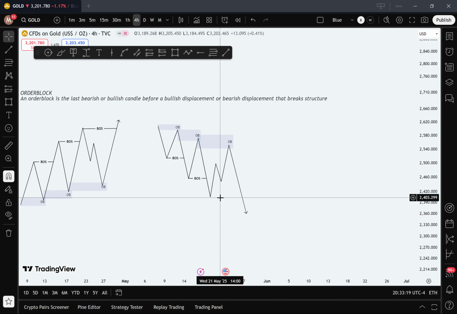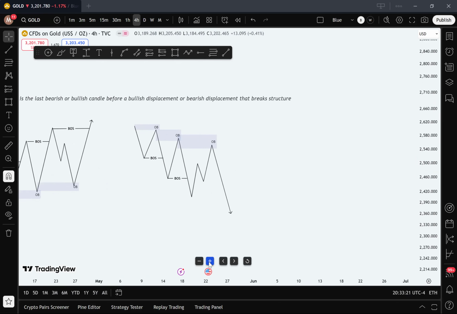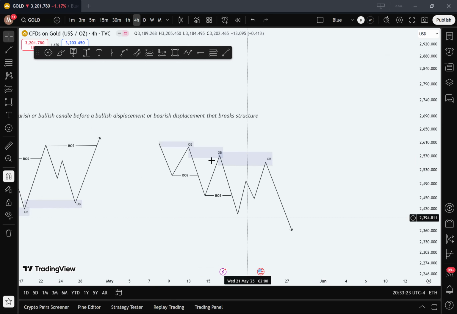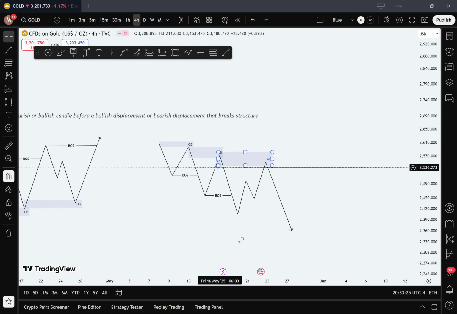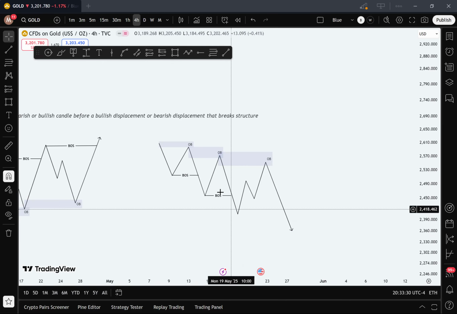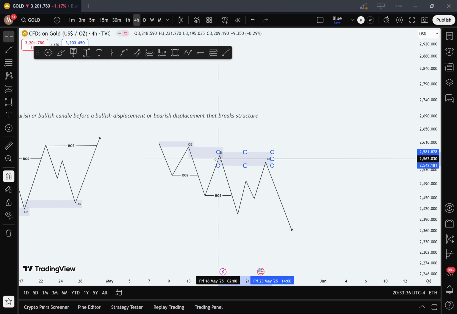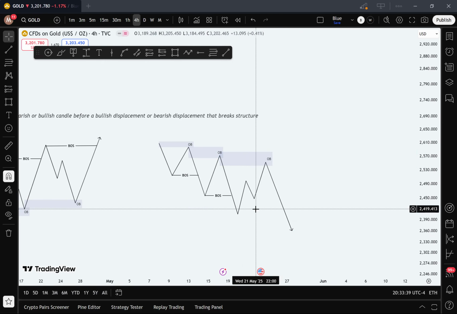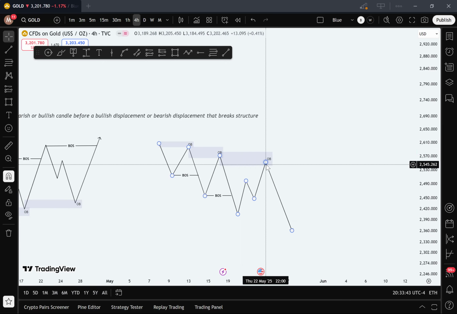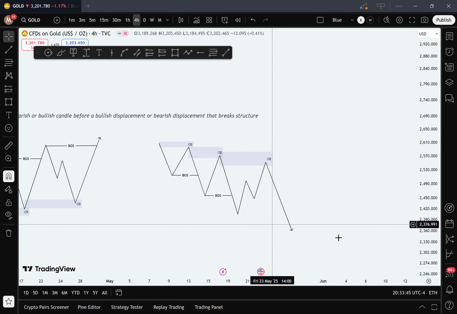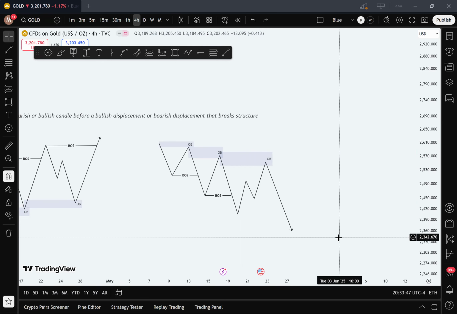So let's say in a downtrend such as this one, price moves away from this level and breaks structure. There are orders that were left behind. Price must come back to that level to take those orders and then continue its trend.